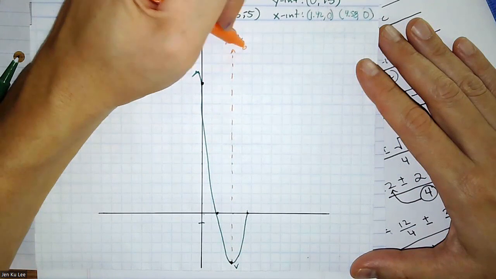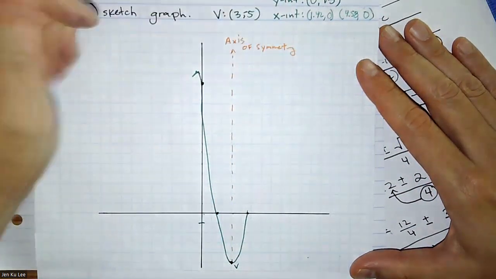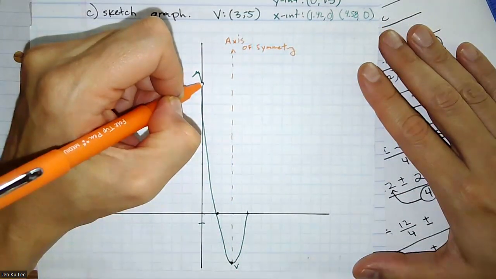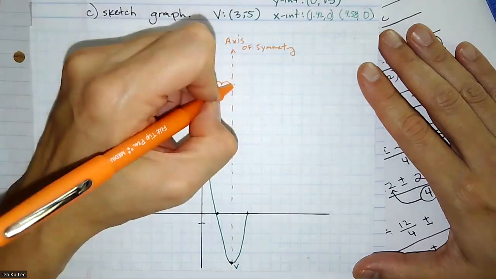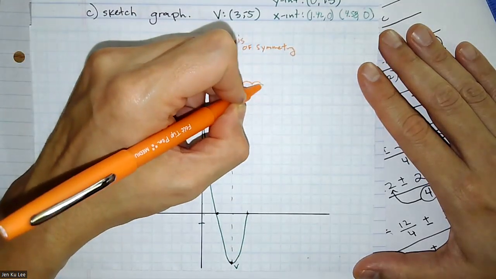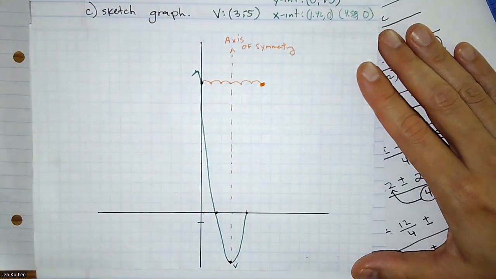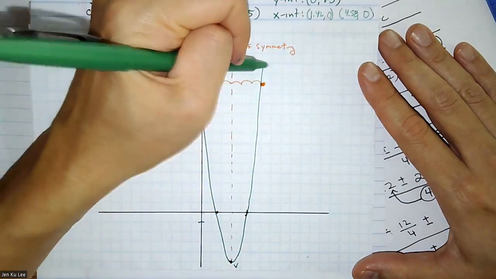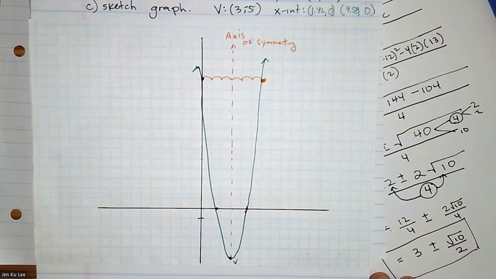Since my y-intercept is 3 units away, I'm going to go 3 units away on the other side, and there's another point on my parabola. So to finish out the parabola, I'm going to just go up all the way over there. And that's my parabola. Okay?